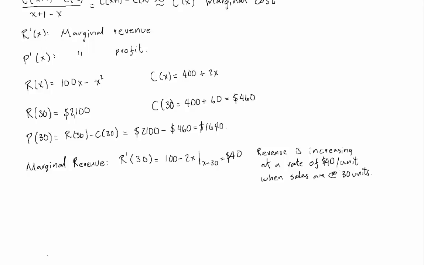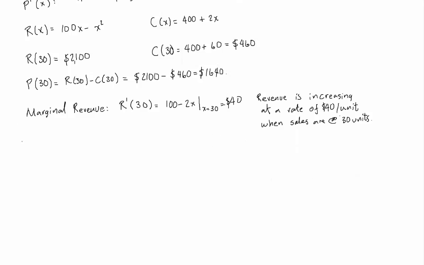So what about the marginal cost? Well, we do the same thing. The marginal cost would be the derivative of the cost function, and we evaluate it at 30. The derivative of the cost function is just 2, so we don't even have to evaluate it. That's telling us that the cost is increasing at a rate of $2 per unit.